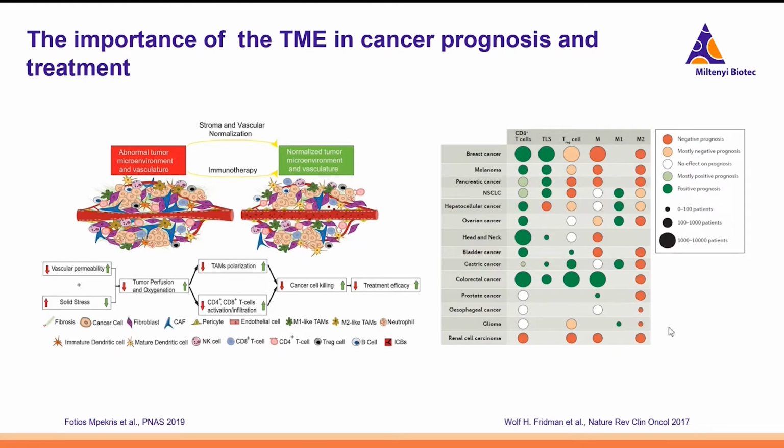However, the detection of M2 macrophages, CD68 macrophages, as well as Tregs in most cases is associated with negative prognosis, as you see here in red, in different types of cancers. So researchers working in the cancer field agree that it's very important to dissect the tumor microenvironment to improve cancer therapy.